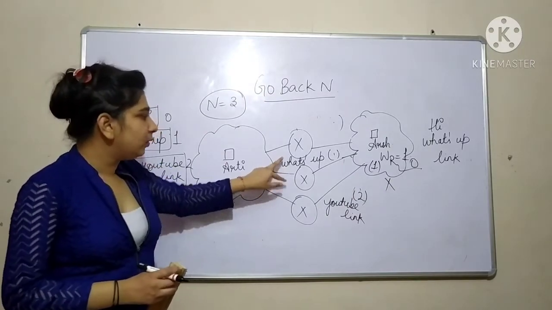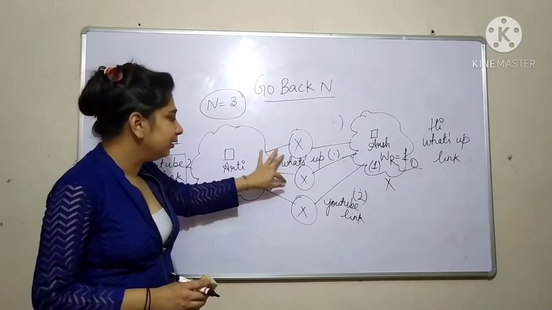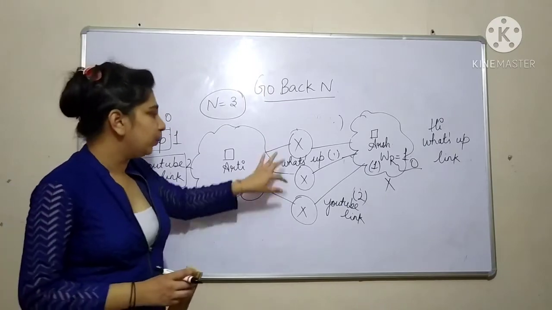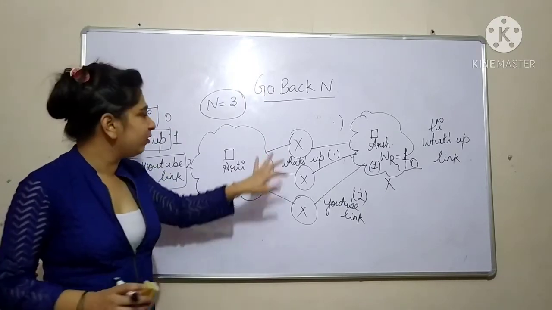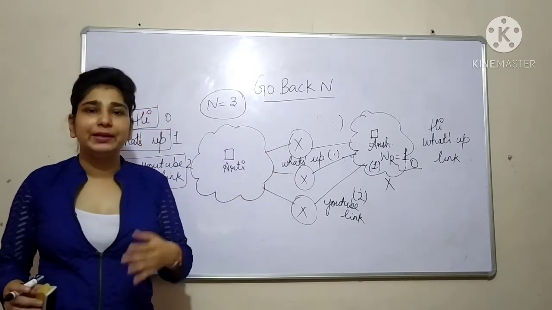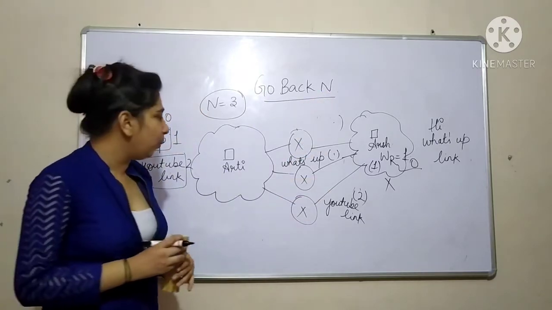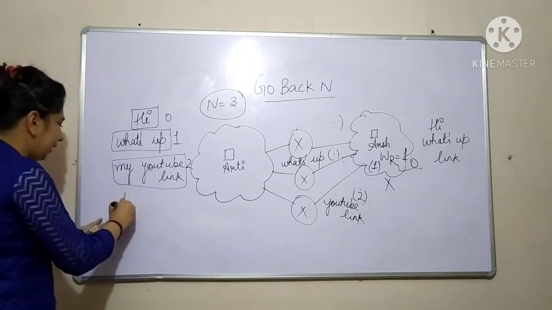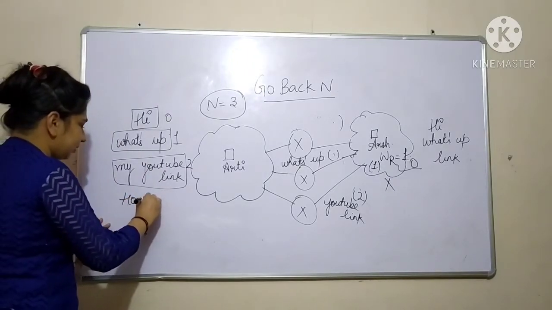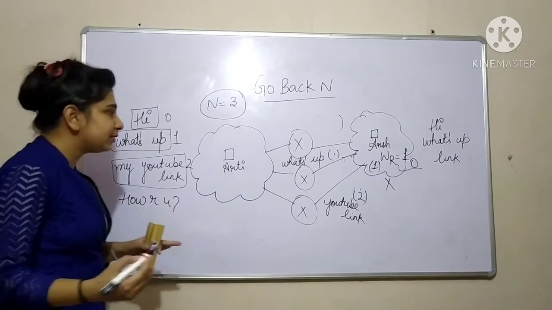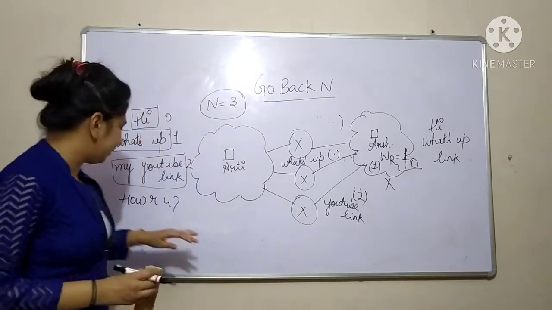And now we have only two packets on the network. But the maximum number of packets on the channel we can have is 3, as the window size is 3. So what will I be doing? I will be sending the next message, how are you? This is the 4th packet.